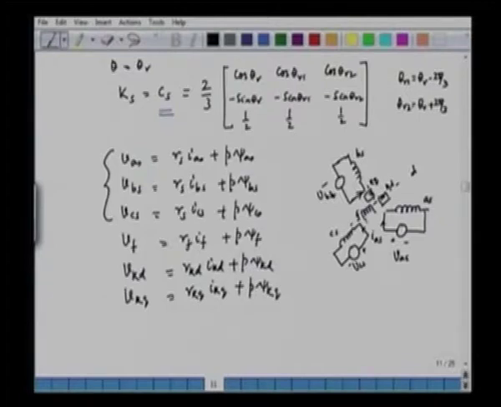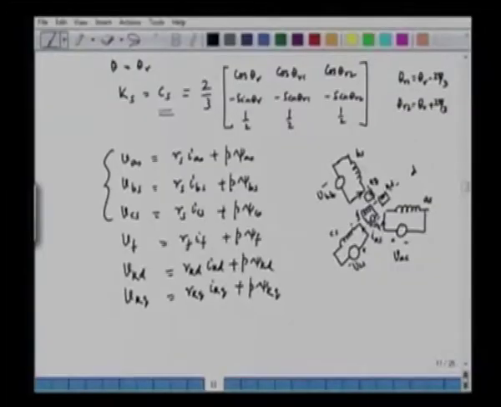The field winding is applied with the DC voltage, that is VF. So, this is the schematic view of a synchronous machine. We have 3 windings in the stator, AS, BS and CS. We have 3 windings in the rotor: 2 windings in the D axis, the field winding and the D axis damper, and 1 winding in the Q axis, that is KQ, the Q axis damper winding.